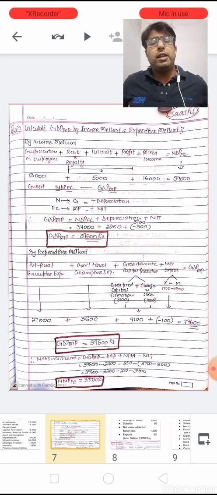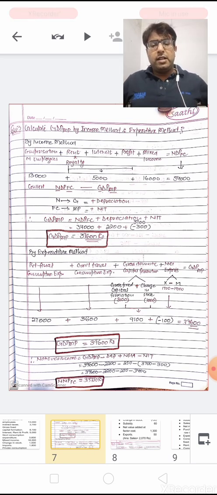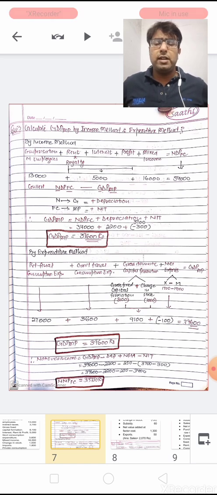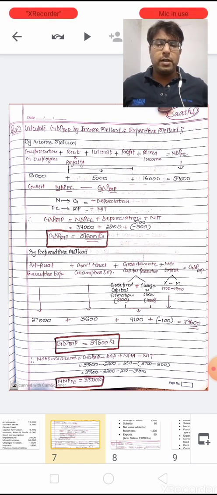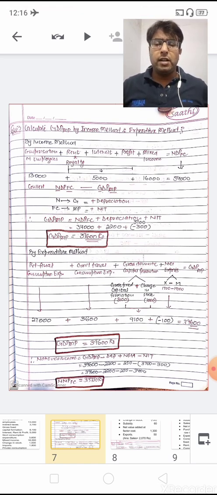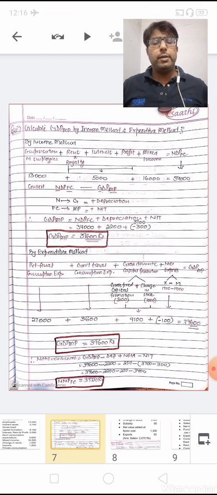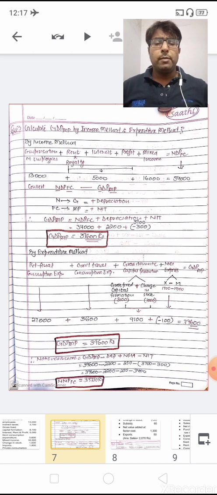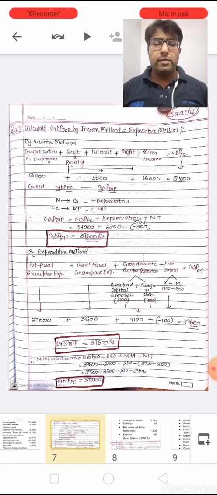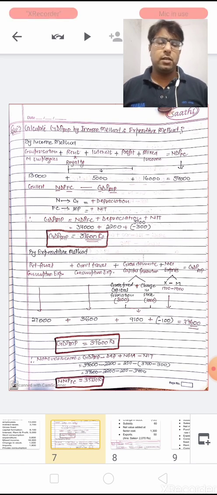Now again we are converting NDP-FC to GDP-MP. So in the first place net is to be converted into gross, that is why depreciation is added, and factor cost is to be converted into market price, that is why net indirect tax we are adding. So we put it into the equation: GDP-MP equals NDP-FC plus depreciation plus NIT, that is 34,000 plus 2,200 plus the value of indirect tax, which is given as 3,700, and the value of subsidies is given as 300 only.